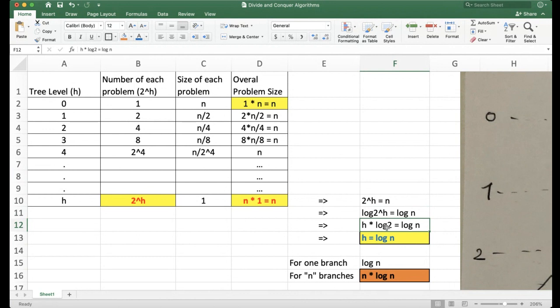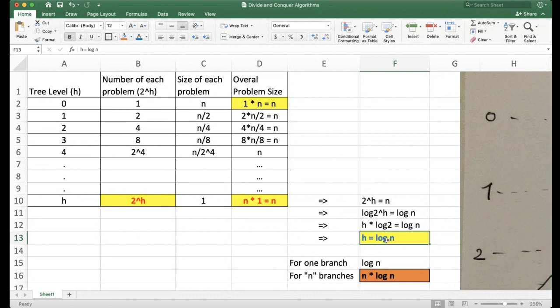And we know that log of anything to the base of that same thing, here log 2 base 2, is going to be 1. So that's going to go out of our equation, and h multiplied by 1 is going to be h. So what we get here is that h is going to be log n.